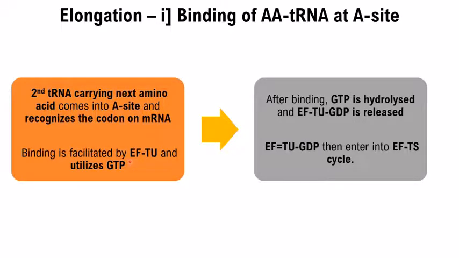After its binding to the A site, the GTP is hydrolyzed. GTP hydrolysis converts elongation factor Tu-GTP to elongation factor Tu-GDP. This GDP is released from the ribosomal complex. Elongation factor Tu-GDP then enters the elongation factor Ts cycle.